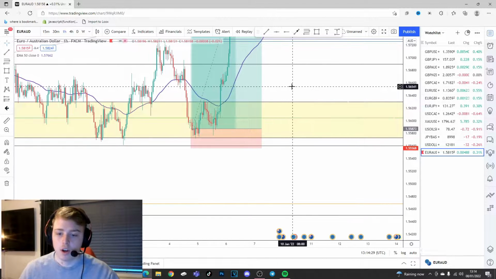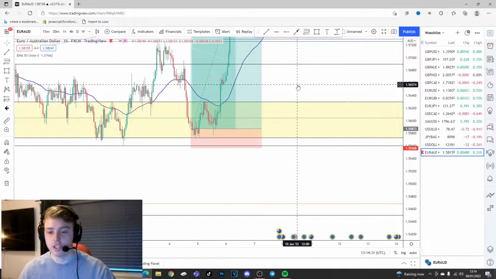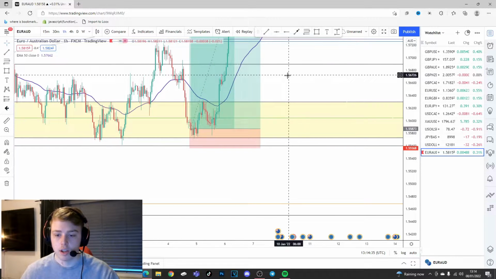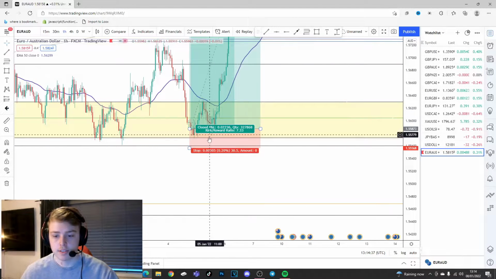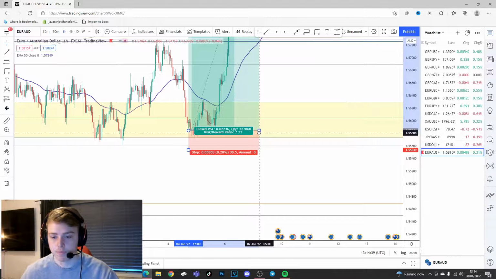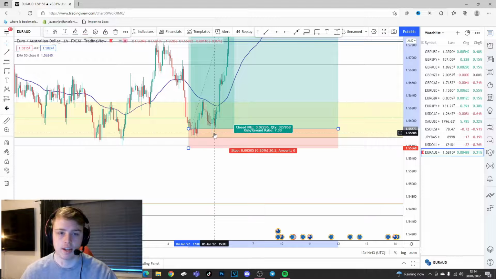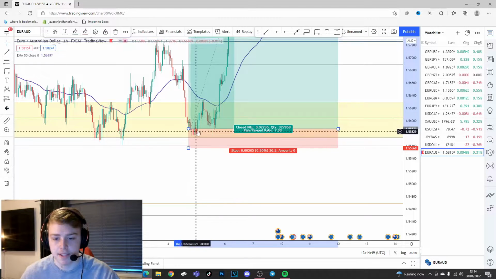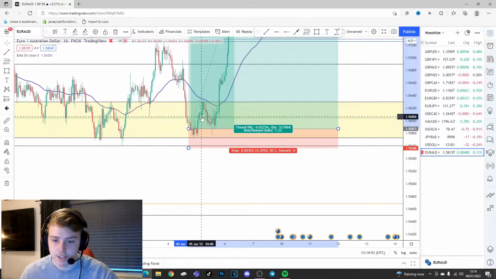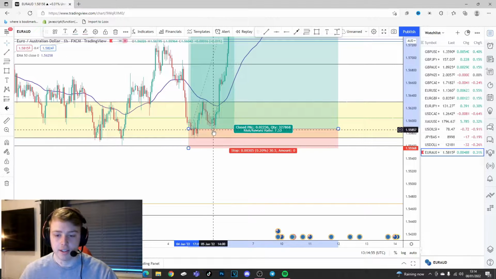Now, on this particular day, my psychology wasn't really there because I had other stuff going on. So when I saw it come down and go below into drawdown here, I was like, look, I don't want to stay in this just because it messed around here for what, 5 hours, and then it's just gone up and just come straight back down again.